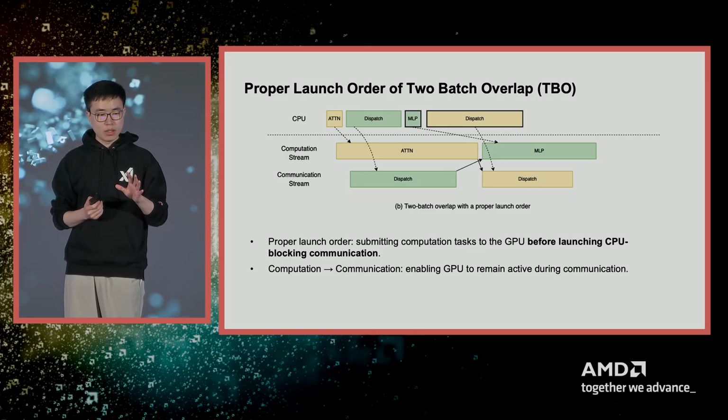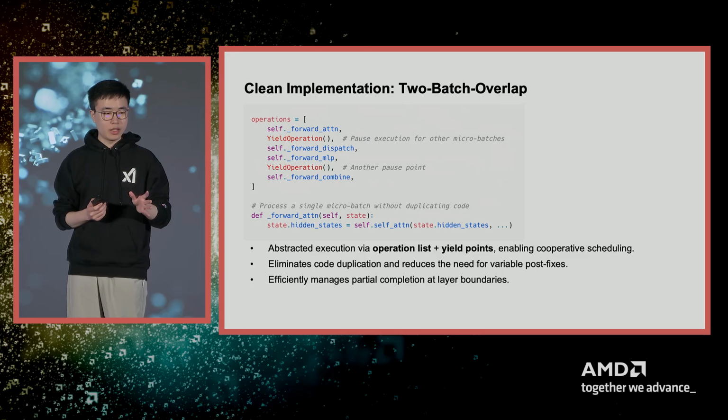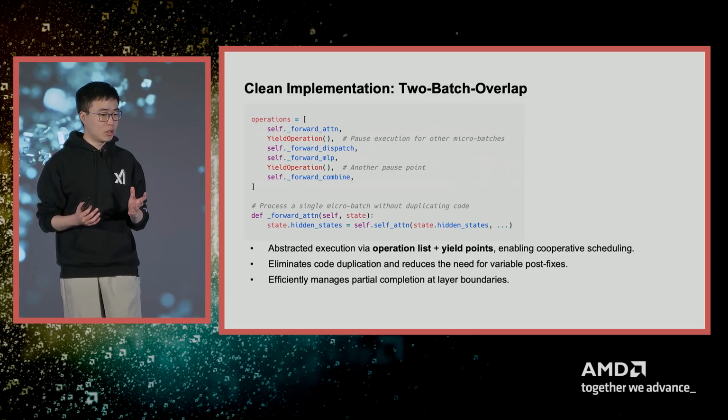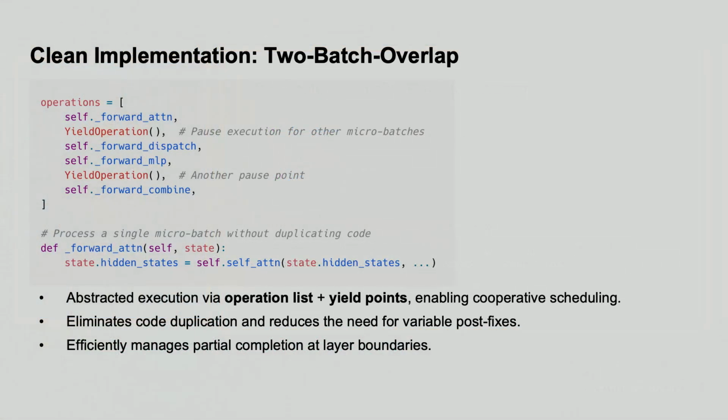To make this kind of schedule overlap more, in SGLang we also did something more systematic. We built a nice abstraction which allows you to easily tune the pipeline. For example, in this code, you can define the operations as forward, dispatch, MLP, combine, and then there is a yield operation that allows you to synchronize between different streams.